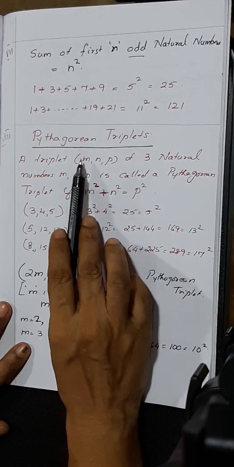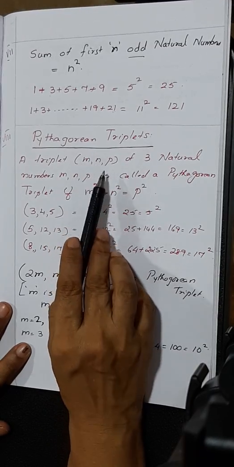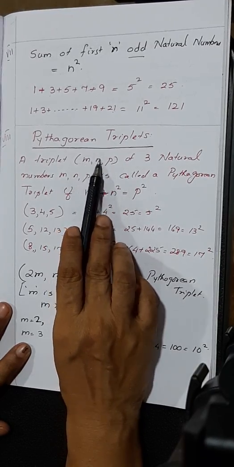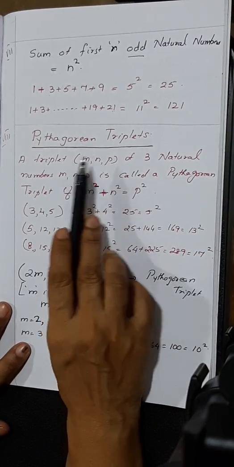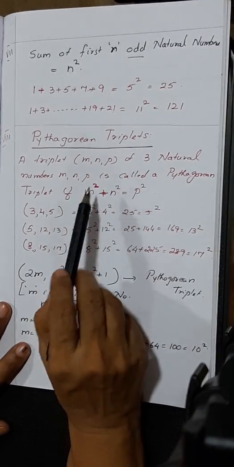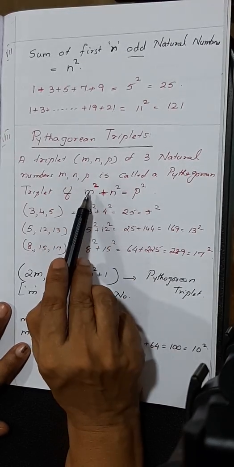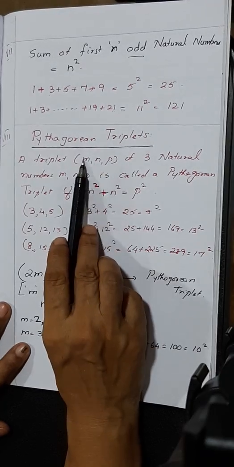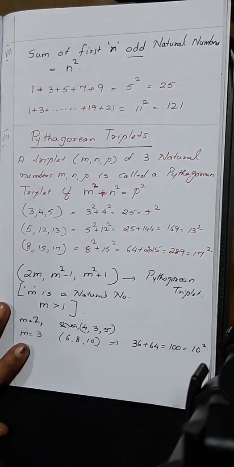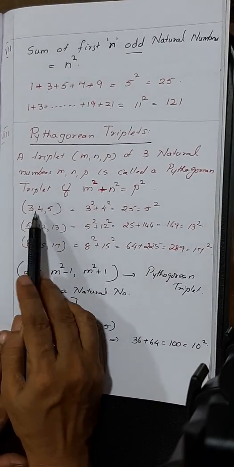If you are able to write the sum of the squares of 2 numbers as equal to the square of the third number, then it is called a Pythagorean triplet. That is, if m squared plus n squared is equal to p squared, then you can say m, n and p are a Pythagorean triplet.